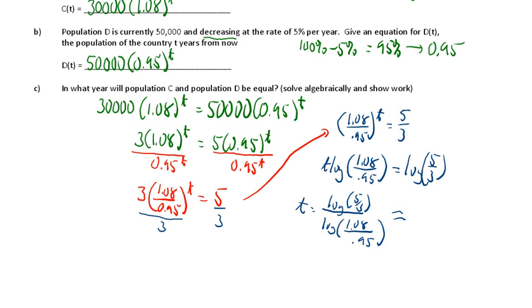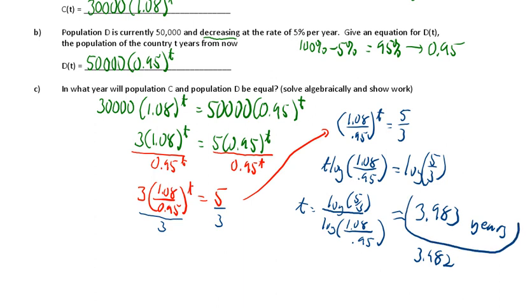And that's going to give us about 3.983, or 3.9 is fine, and t is years. So it doesn't take very long, relatively. And if we were going to plug that back in and find the actual population, the best idea is to just store that as x and plug it in as x, or something like that. Keep all your decimal places.